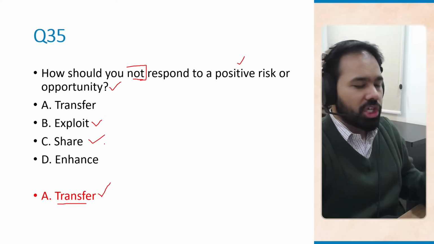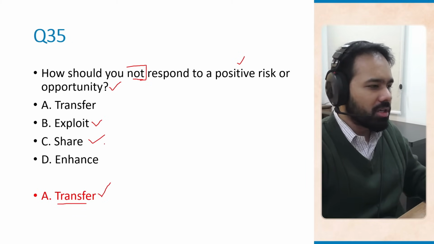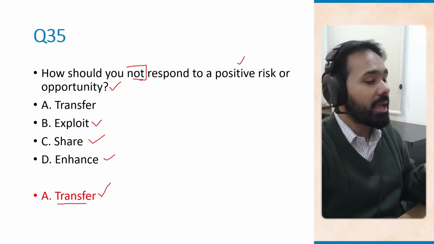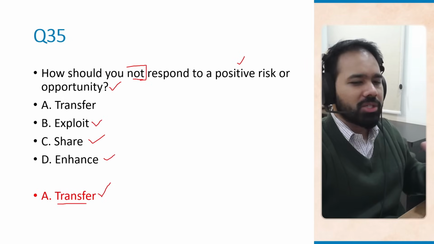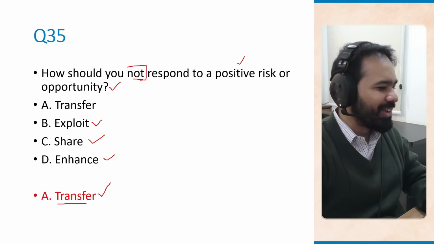So you share this opportunity with some other third party so that both of you can share the benefits. You can enhance, you increase the probability or impact of the positive risk, or you accept the positive risk. You just take advantage if it really occurs. So transfer is something which is never used for positive risks.